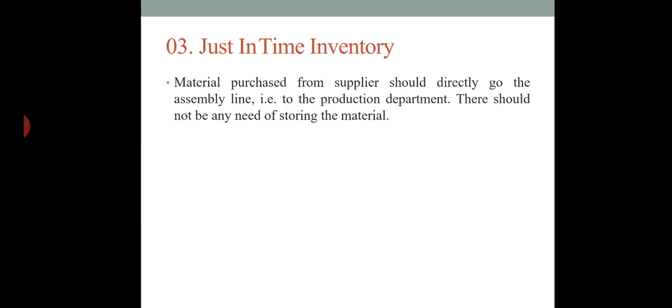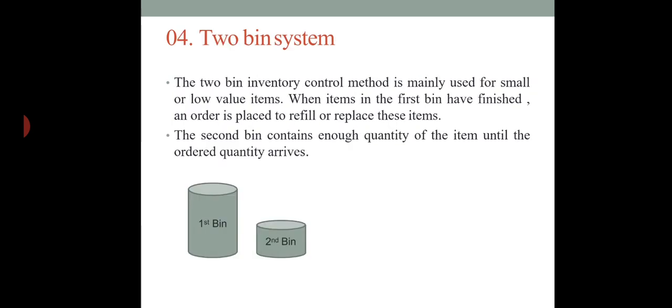And the next one is the two bin system. In this slide it is also explained very clearly. There are two bins, in which the small or low value items are controlled.